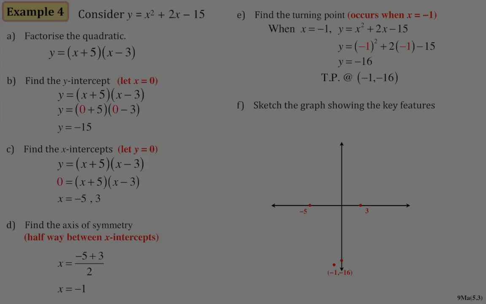There's my y value of minus 15, and the parabola goes through those points, and there is my sketch. And you'll notice that I labelled all of those points on the parabola. That's a must, because that's called showing the key features. Key features means show the turning point and the x and y intercepts.